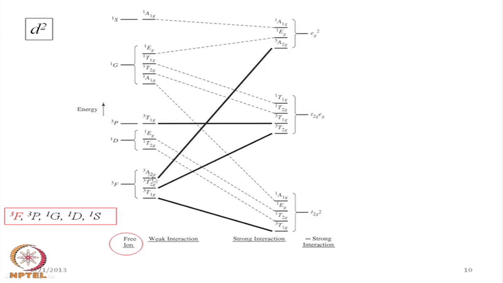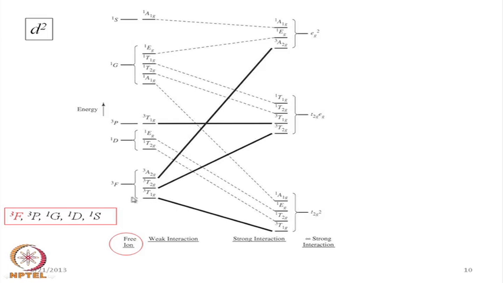These are the 3 new electronic states we can generate from the free ion 3F term. After the splitting, the 3T1g has 3-fold orbital degeneracy as well as 3-fold spin degeneracy. Similarly, this also will have the same, and this has 1-fold orbital degeneracy, but 3-fold spin degeneracy.